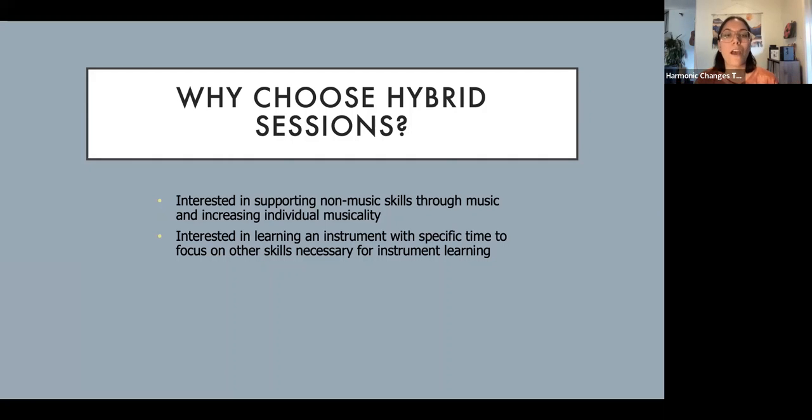So hybrid sessions are a really, really wonderful option if that's something that interests you, or if you notice that your loved one has a strong inclination for one specific instrument and they might want to learn how to play that. However, maybe they don't have the specific attention skills or the specific fine motor skills. And so we want to work up to being able to really engage with that instrument in a meaningful way for them.